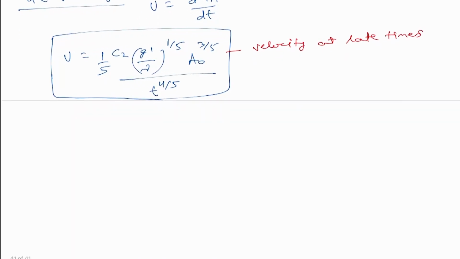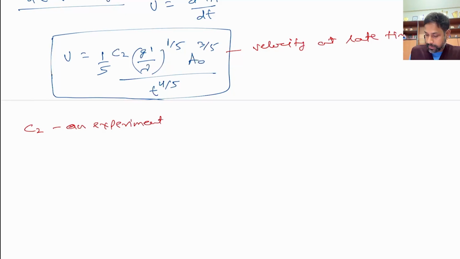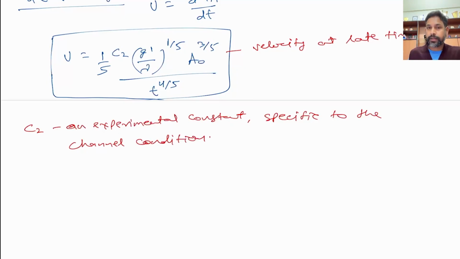And once again c2 is an experimental constant specific to the channel condition.